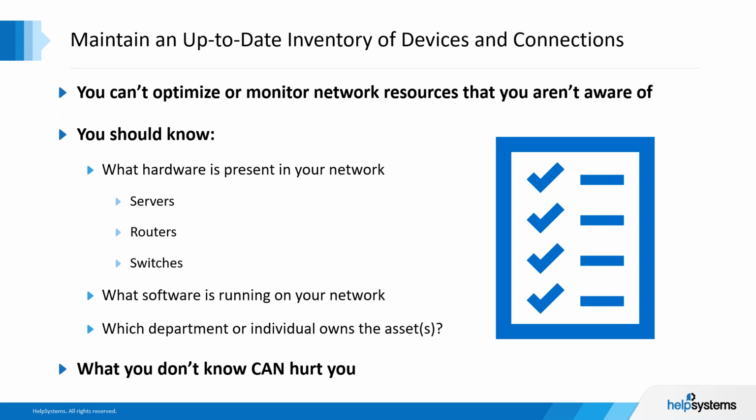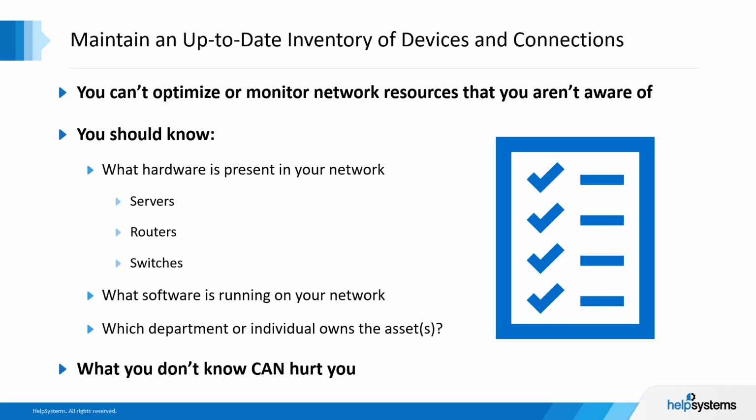And then what software is running on your network, so you can standardize the software a little bit more, so you're not looking in 30 different places, or having 30 different ways to support different types of software applications, making sure that those applications running on those boxes are up to date and patched accordingly. And then which department owns the assets.